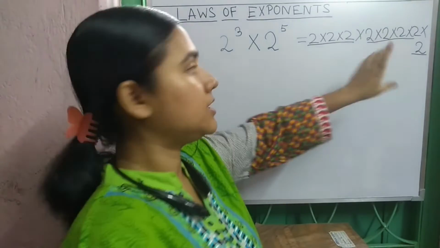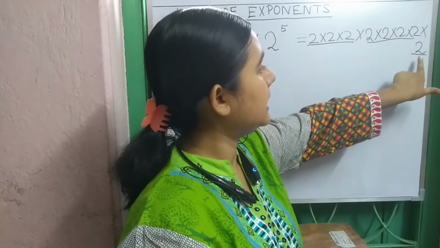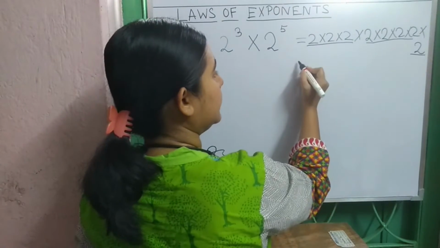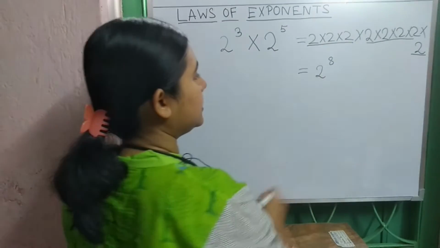So how many 2's are there? 1, 2, 3, 4, 5, 6, 7, 8. 8 2's are there, so we can write it as 2 to the power 8.